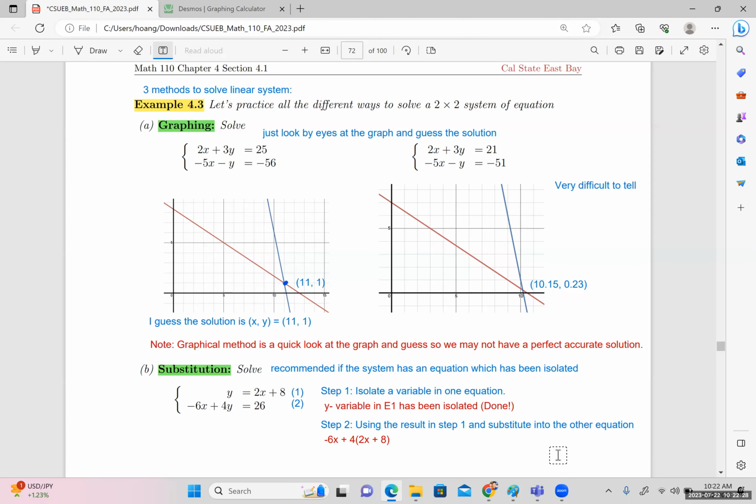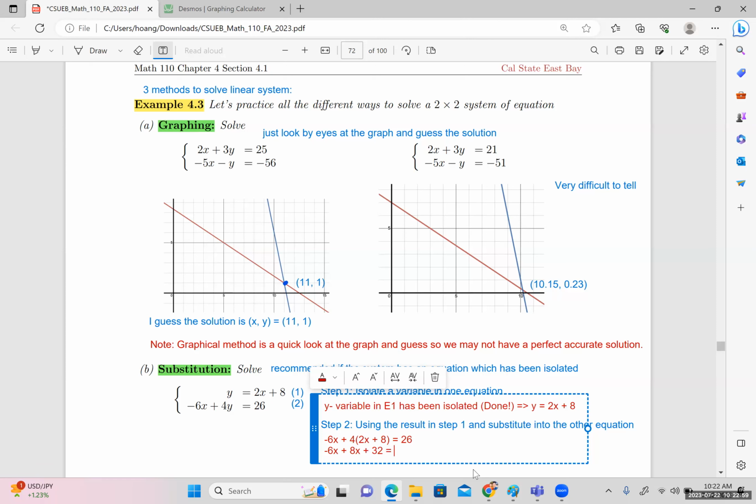I substitute 2x plus 8 in the second equation and I get negative 6x plus 4 times (2x plus 8) equal to 26. Then I have negative 6x plus 8x plus 32 equal to 26.